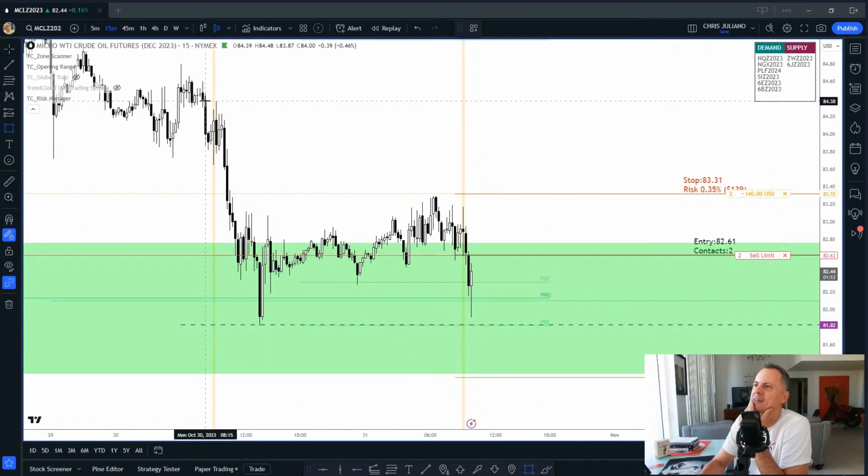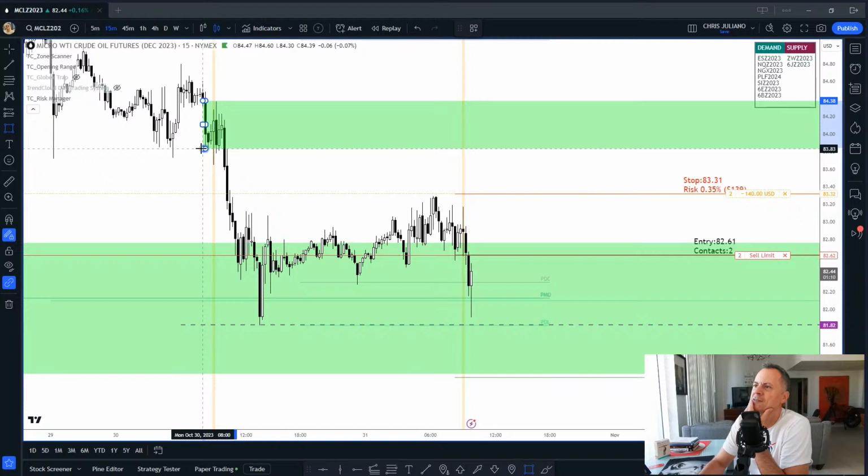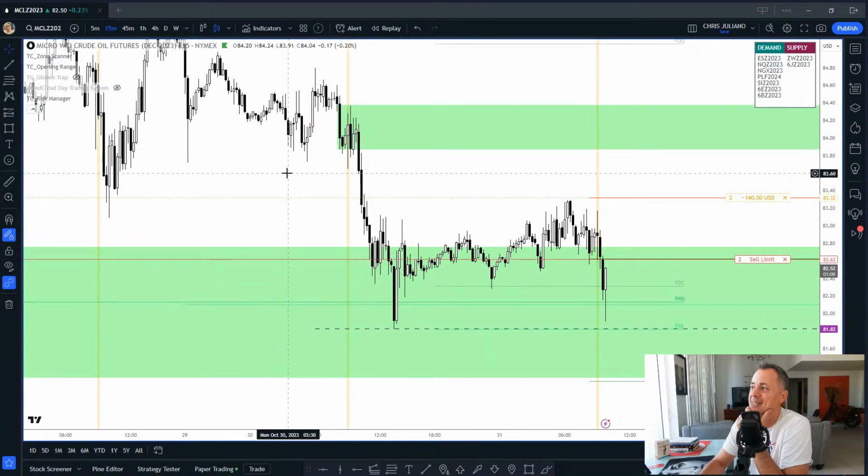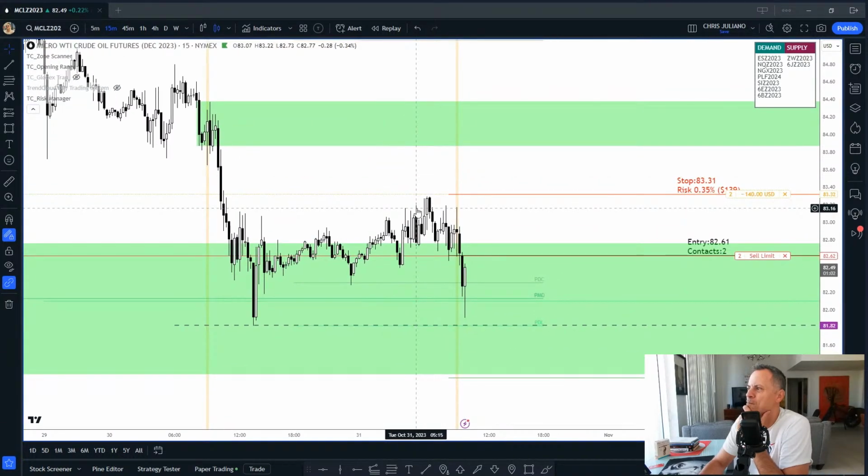Here's the zone right here on the 15-minute that looks like it makes sense. All right, we'll take a small chance on this, but oh boy, I don't like that.